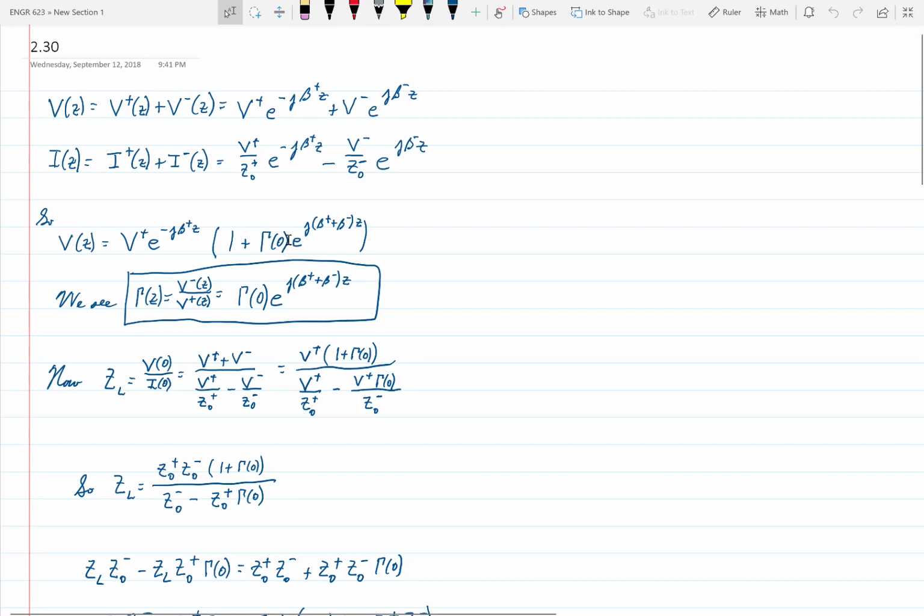And here gamma of 0, as usual, is just V minus divided by V plus. We see that gamma of Z, which is V minus of Z over V plus of Z, is just gamma of 0 e to the j beta plus beta minus Z. Again, for the usual problem, this beta plus beta minus would just be 2 beta, and we get then the traditional formula.